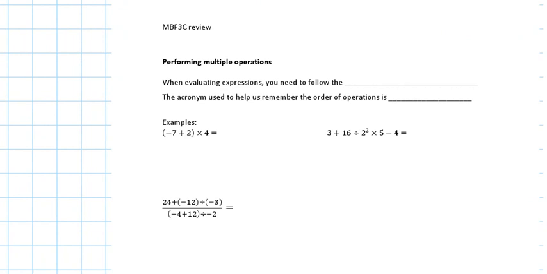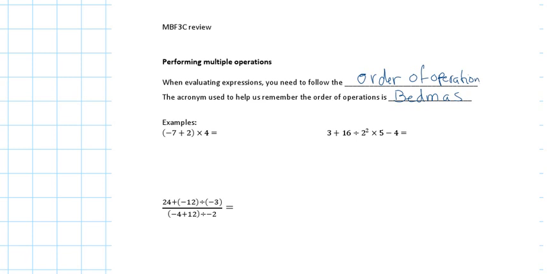So the acronym that we use to help us remember the order of operation is BEDMAS. We'll go over what that represents. When evaluating an expression, you need to follow what we call the order of operation. It's like in anything, right? When you're cooking, you have to mix things together properly before you can put it in the oven.